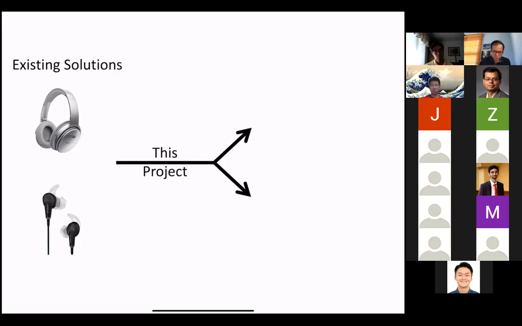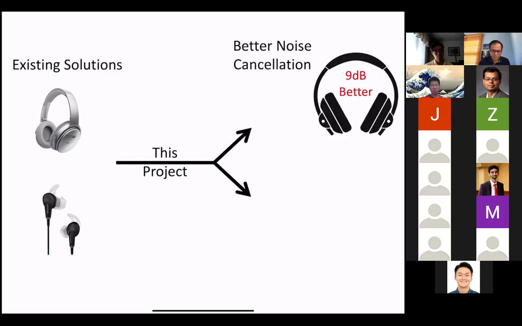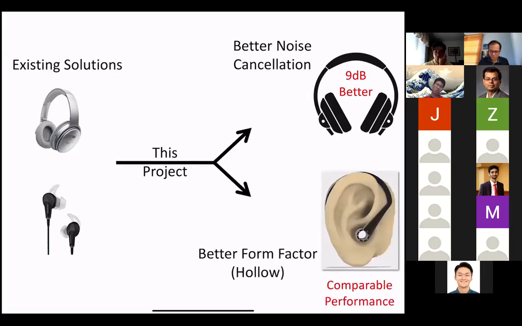Now, this project that I'm going to talk about essentially tries to do two things. One is it either tries to cancel noise better for the same headphones that are available today, or it tries to create open ear headphones that will achieve comparable performance as headphones today.